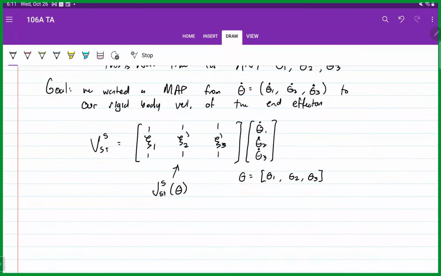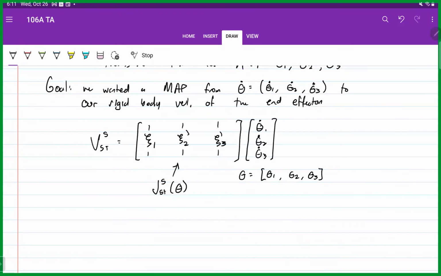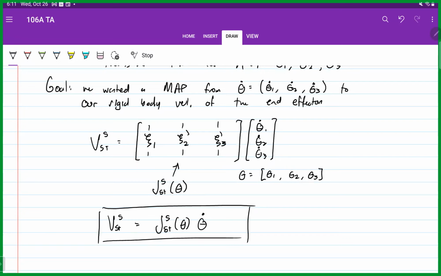So it's this map, depending on the angles, that takes us from our joint velocities into our actual rigid body velocity. Overall, we'll write V_st equals J_st of theta, multiplied by our vector of joint velocities, theta dot.